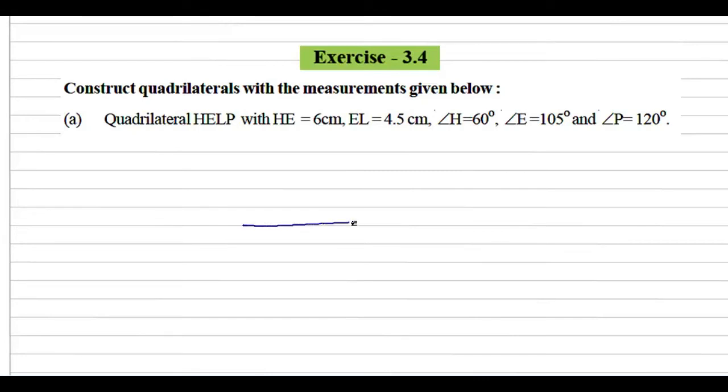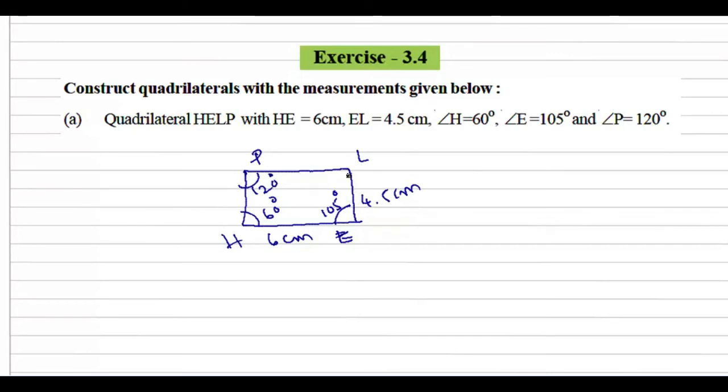So our first step is to draw a rough sketch of the given quadrilateral HELP and label it as per the measurements. So HE 6 cm, EL 4.5 cm, angle H 60 degrees, angle E is equal to 105 degrees and angle P is equal to 120 degrees.